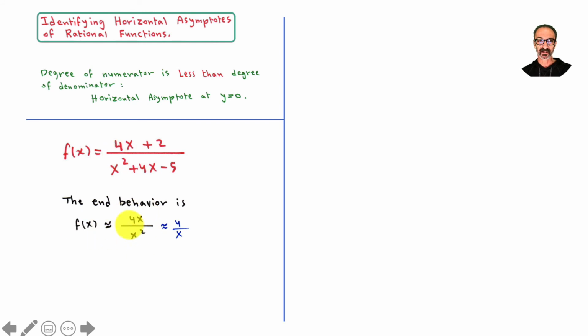So that's another function towards infinity. If you want to simplify this, it's like 4 over x. If x grows, the whole thing goes to 0. So you have a horizontal asymptote at y equals 0. All right? I think that is clear. Less than, you're going down to the x-axis, if you're above, of course.